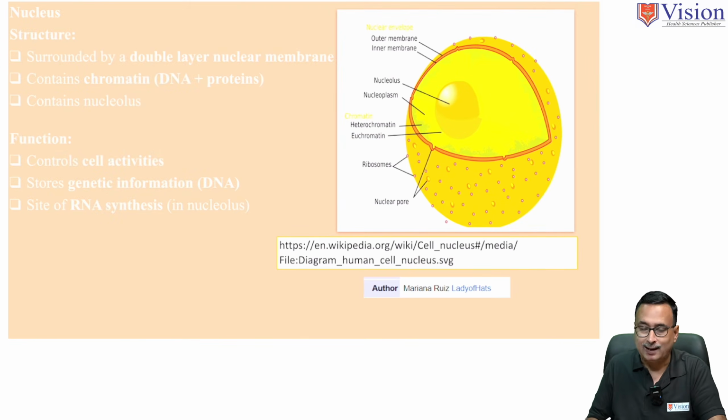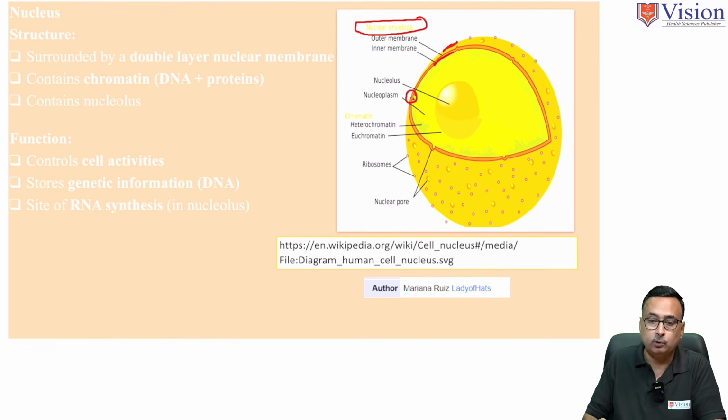Let's see the diagram. This is a good diagram of a nucleus. It shows the nuclear envelope. The outer one is the outer nuclear membrane. This is the inner nuclear membrane. And these two nuclear membranes fuse together at this place we call the nuclear pore.